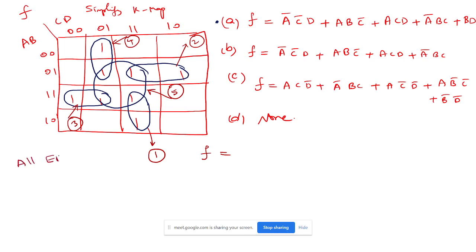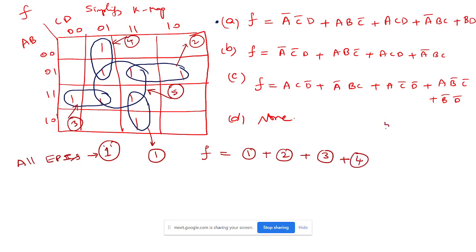All EPIs. And see whether you have covered all the ones or not. If you have covered all the ones, you leave the other things. If not, then you consider RPIs and then try to see if we cover all the ones, right? So I can write F as 1 plus 2 plus 3 plus 4.